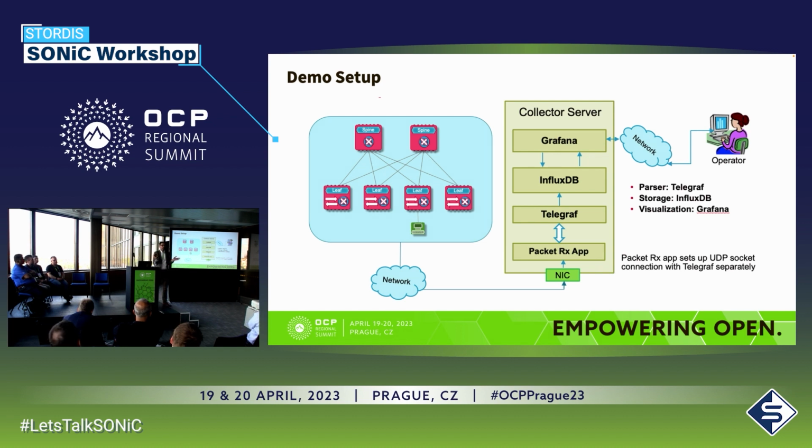As you can imagine, all of these are open source. So we are using Grafana for visualization. We are using InfluxDB as our database. We are using Telegraf as our data collection agent. And this Packet RX app is an input plugin for Telegraf. This input plugin basically tells Telegraf how to decode the mod message and how to understand the various metrics provided.